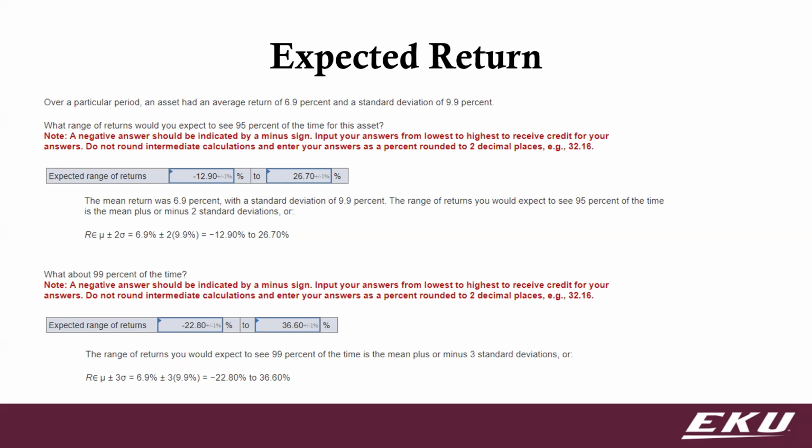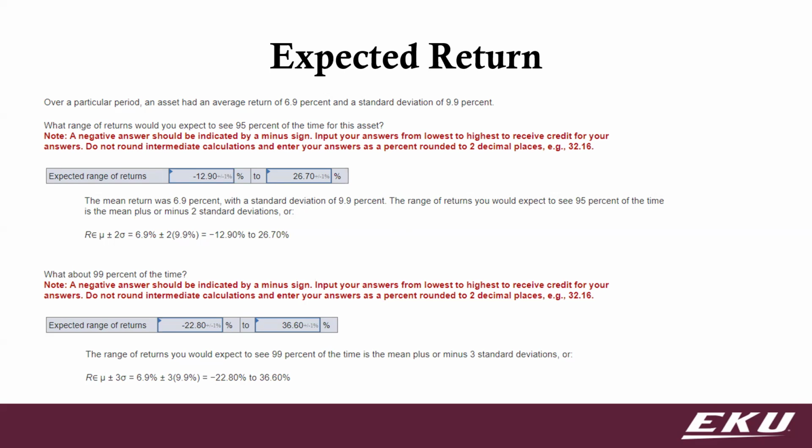And 95% of the time is really close to 2 standard deviations. So that's what we're going to do. You just say 6.9% plus or minus 2 times the 9.9%. And that gives you anything from negative 12.9 to 26.7. So 95% of the time on a given year, I would expect it to be somewhere between those two numbers.